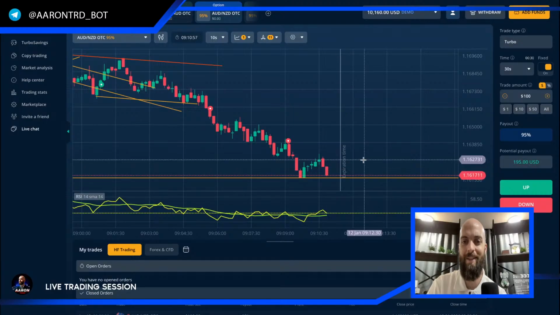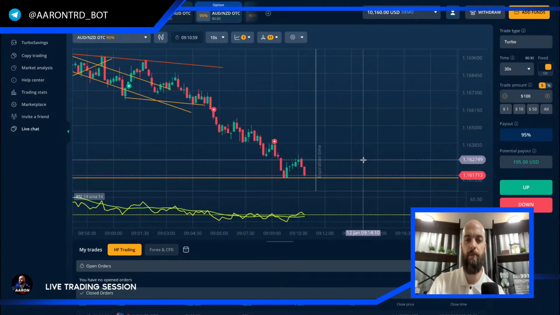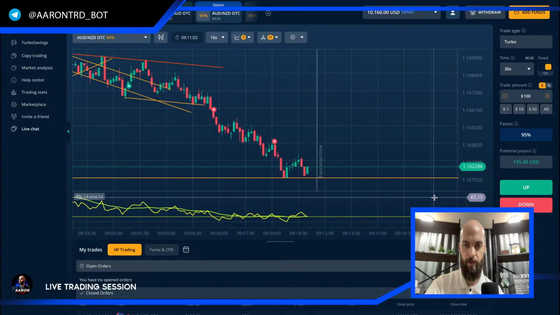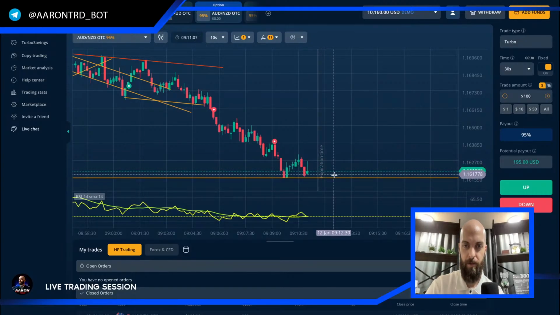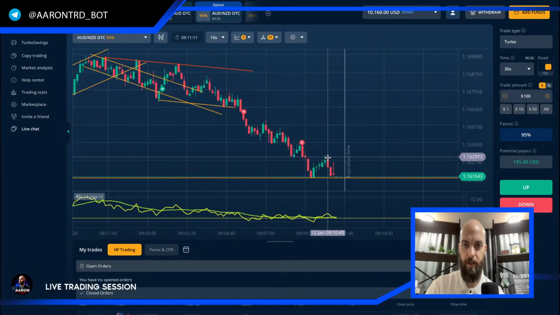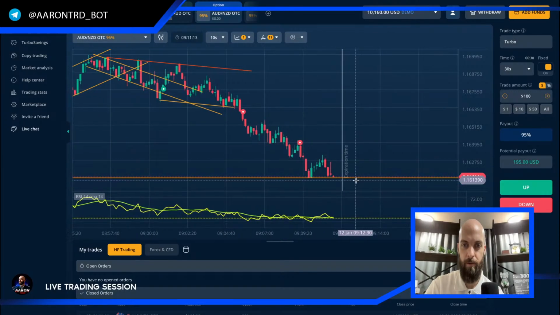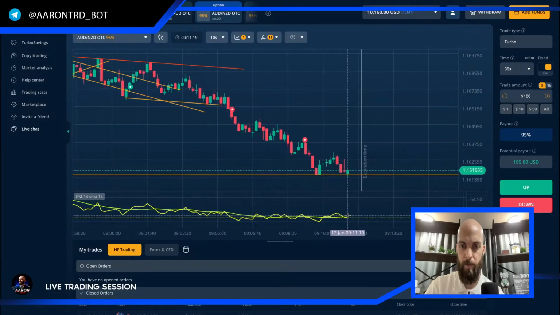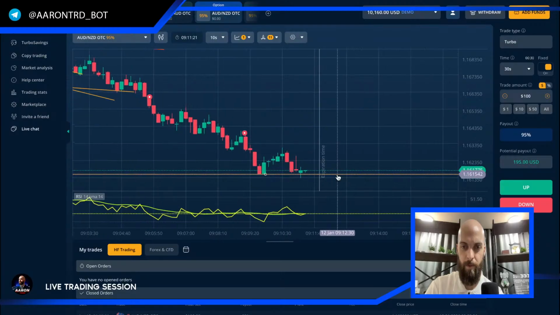Okay, got some extension. It's almost at our level. Yeah, there we go. I don't know, it's kind of engulfed right here. So I think we might get a little bit lower. Yeah. Got our signal crossing down.